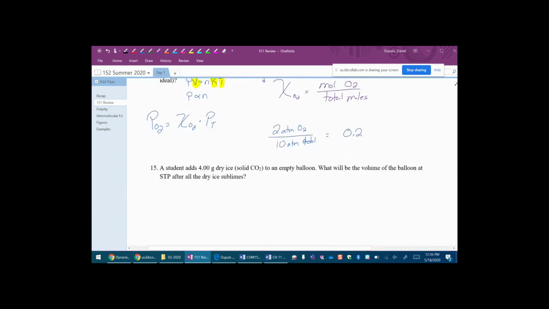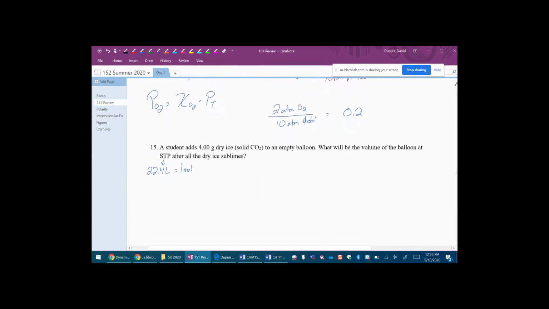15. A student adds 4 grams of dry ice to an empty balloon. What will be the volume of the balloon at STP? Well, remember, STP means 22.4 liters is 1 mole. So if I have 4.00 grams of CO2, we know that 1 mole of CO2 is 32 and 12, 44.01 grams of CO2.